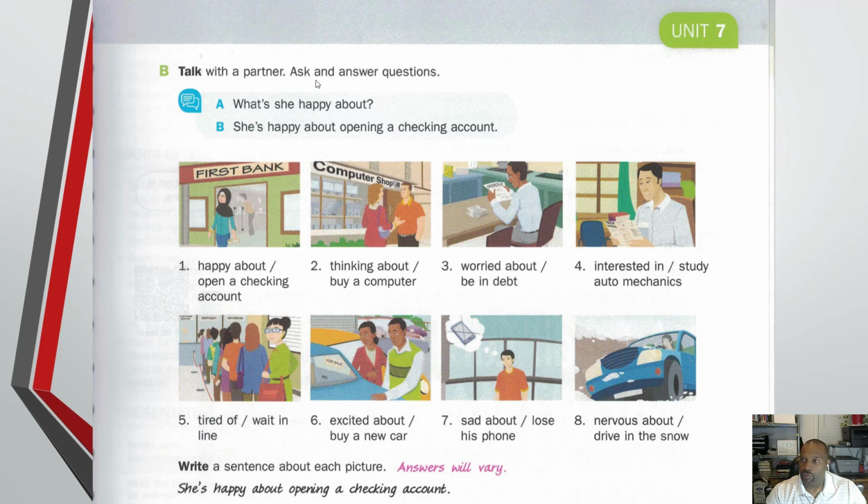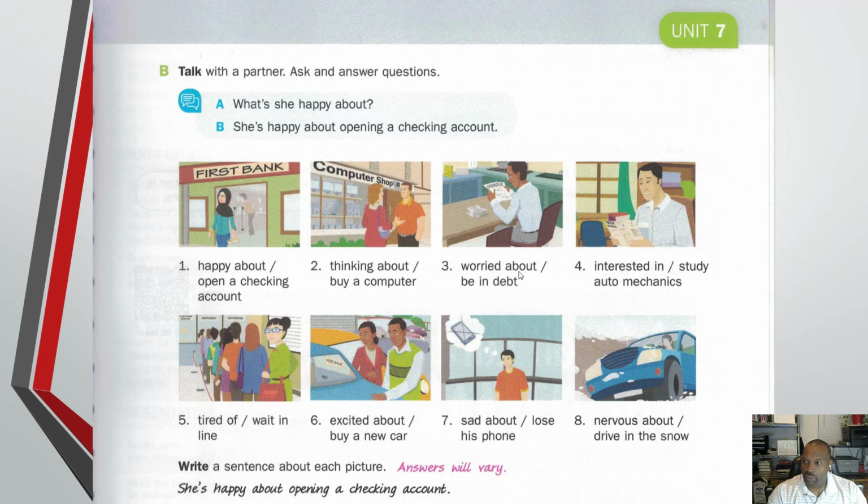Okay, so let's practice. What is she worried about? That would be the question. What is she happy about? She's happy about opening a checking account. What are they thinking about? They are thinking about buying a computer.